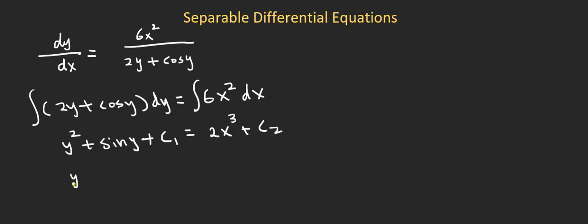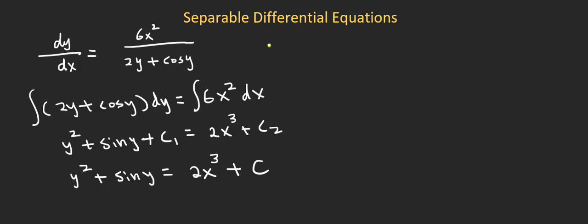So you get y squared plus sine y equals 2x cubed plus c, where c is c2 minus c1, the constant. Now this is a general solution because we don't know what c is unless they give us more information.